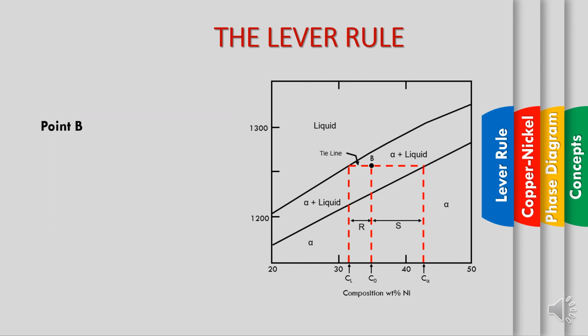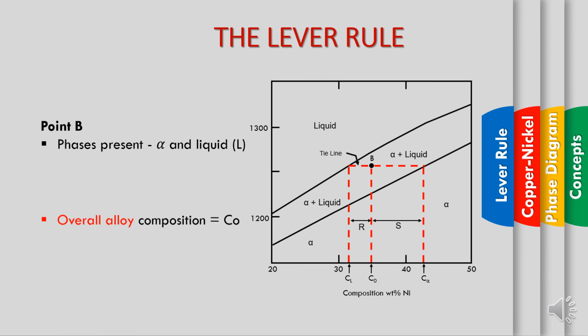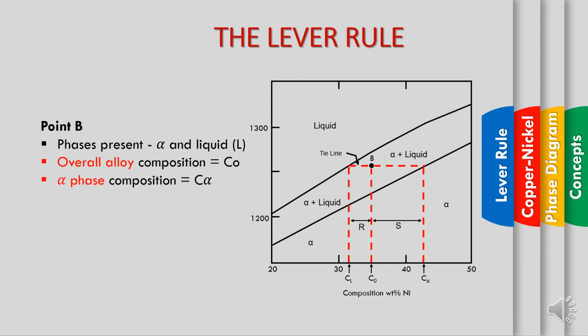Okay, let's look at point B. We have the presence of liquid and solid, and the overall alloy composition at B is CO, the alpha phase composition is C alpha, and the liquid phase composition is Cl.